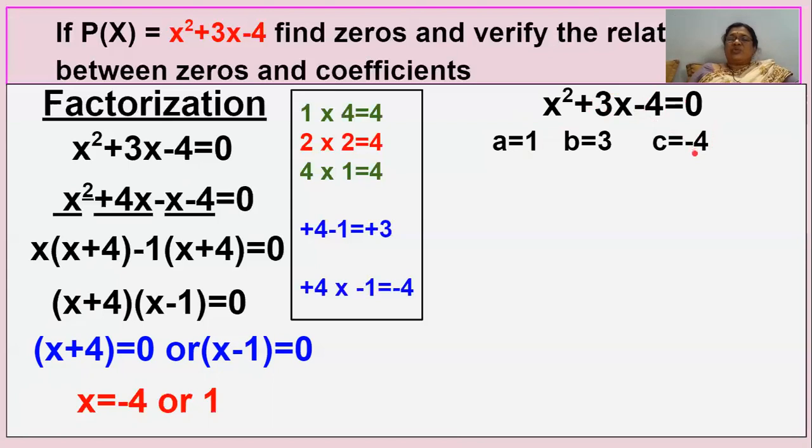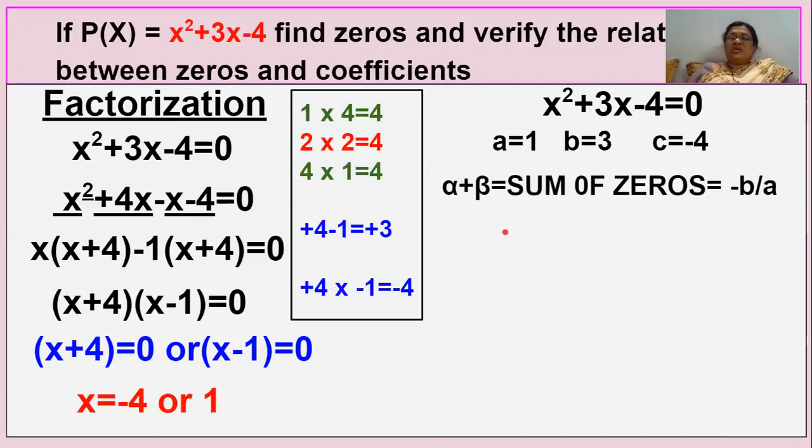Don't take plus 4. So which symbol you have to take? If it is a minus, you have to take minus also. So these are the a, b, c values. See, look at these symbols. This is alpha and this is beta. These are the Greek letters. Alpha plus beta, these are the zeros of the polynomial.